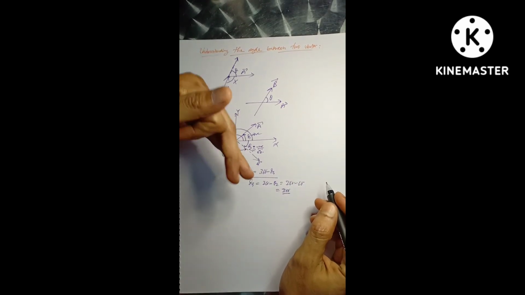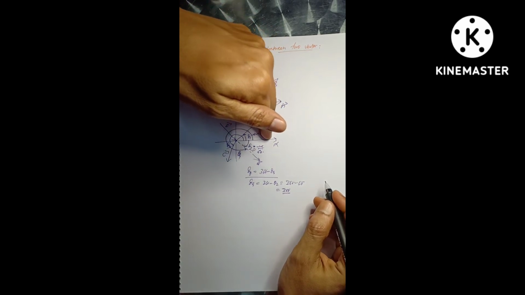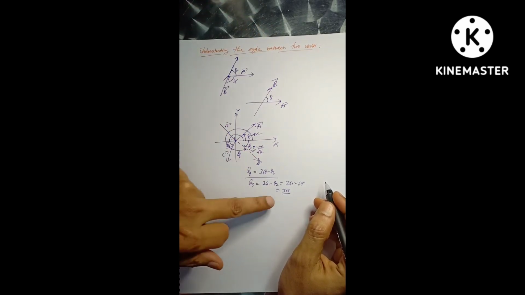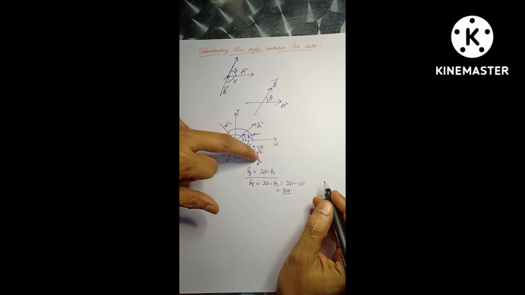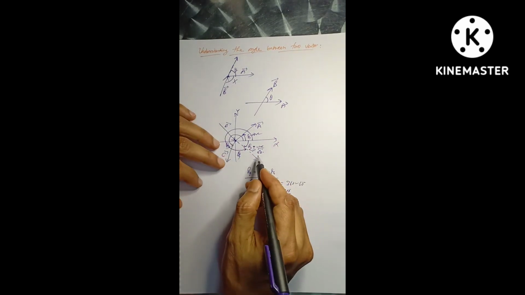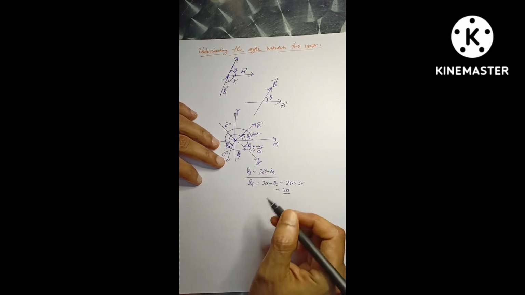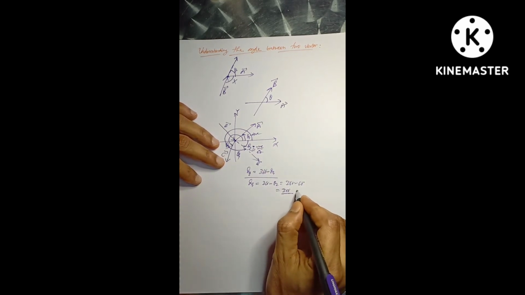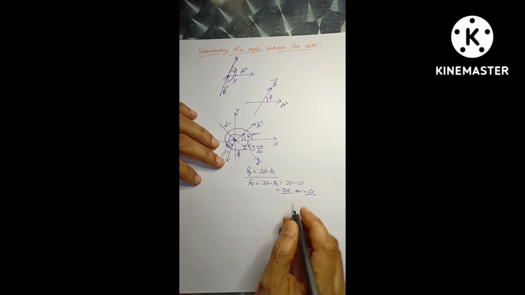So the angle made with respect to the positive x direction by the B vector is 300 degrees, not 60 degrees. So you can say it will be either 300 degrees or minus 60 degrees.